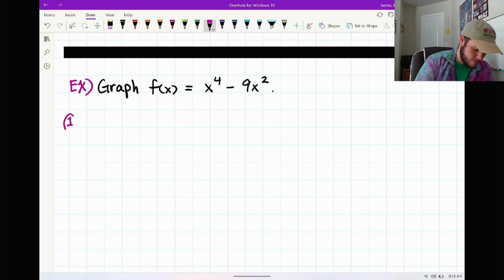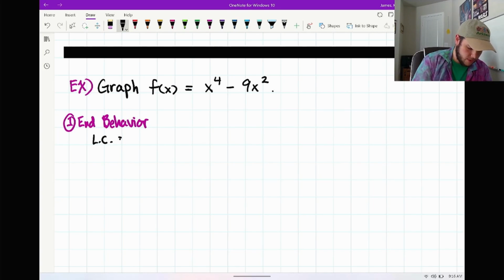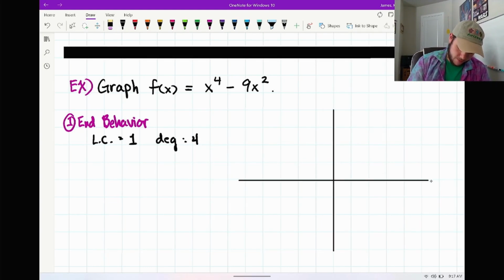Number one, end behavior. Remember, this depends on the leading coefficient, which in this case is 1, and the degree, in this case, it's 4. So, let me plot a graph here.